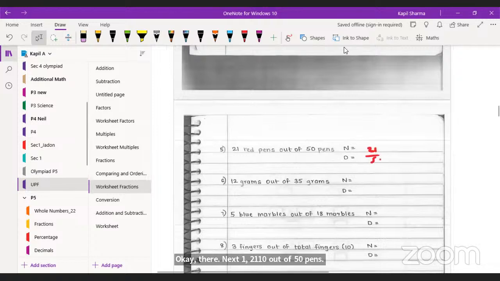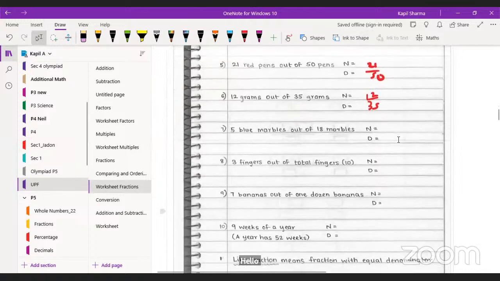Yes, so 21 out of 50. 12 grams out of 35. 12 out of 35. Okay, guys. Next one, 5 out of 80. Yeah.